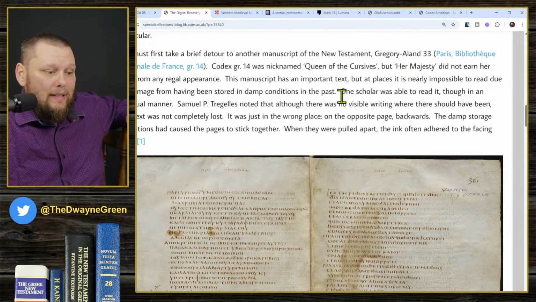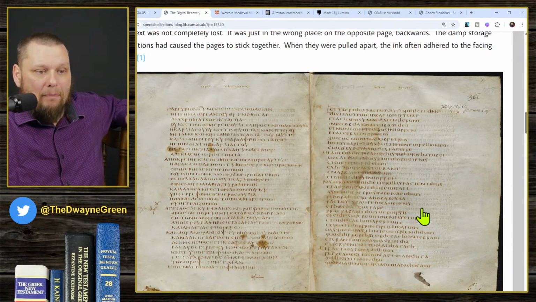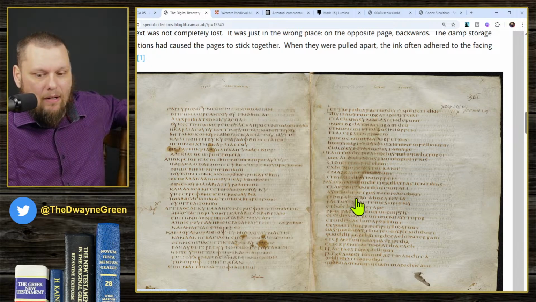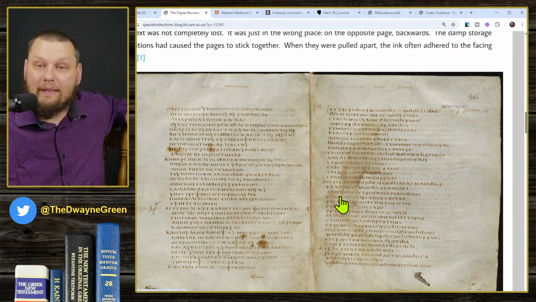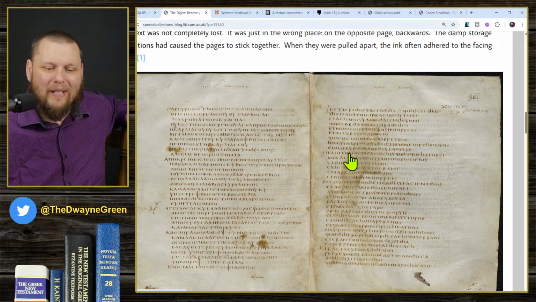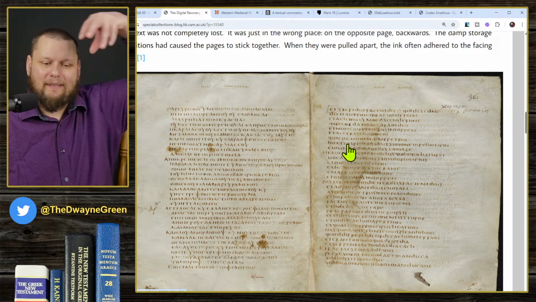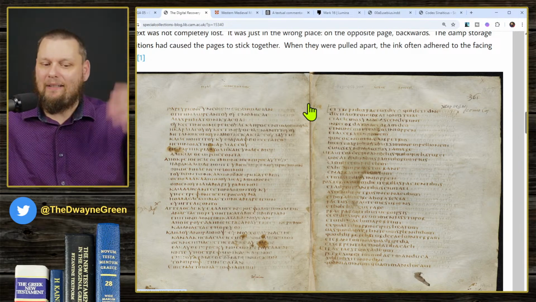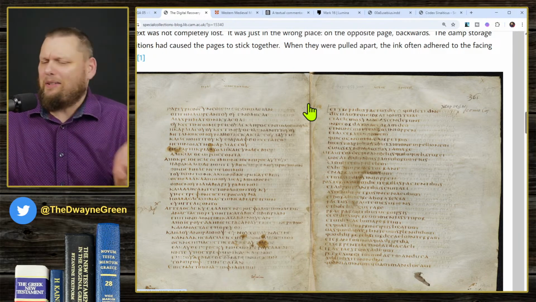Now, why that's important is because the same thing happened here in Codex D. So this kind of damp area in Codex D shows us some missing pages. There was a missing page in Acts chapter 10. That's the whole story of Cornelius and Peter. He saw the vision of the blanket with all the animals, and then, I can't eat because these are unclean animals.